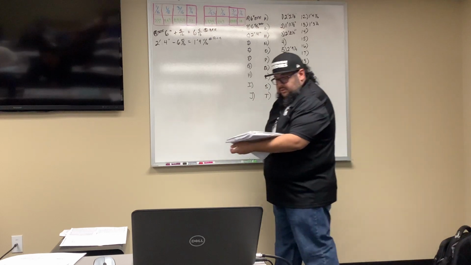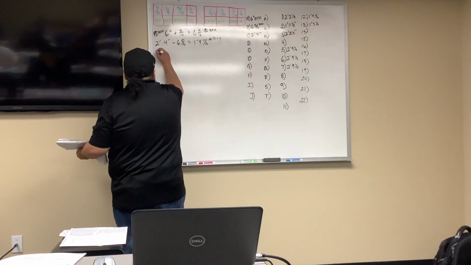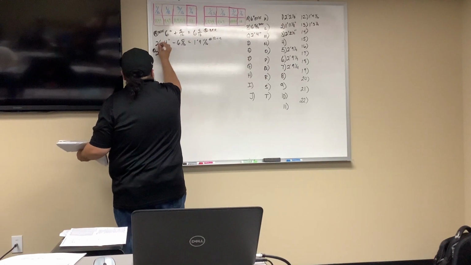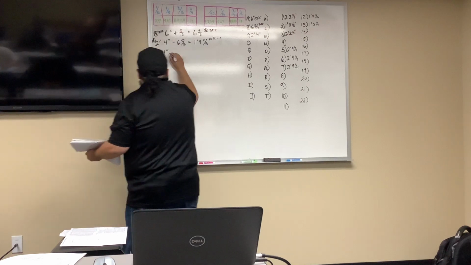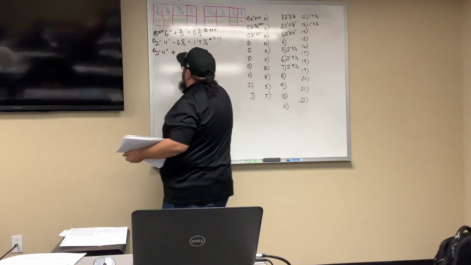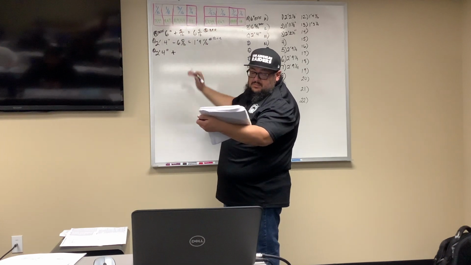Okay, we're going to keep going with this. We're going to start at our elevation of C to get our next elevation. We're going to take 2'4" and add, what was our number 2, 9 1/4.